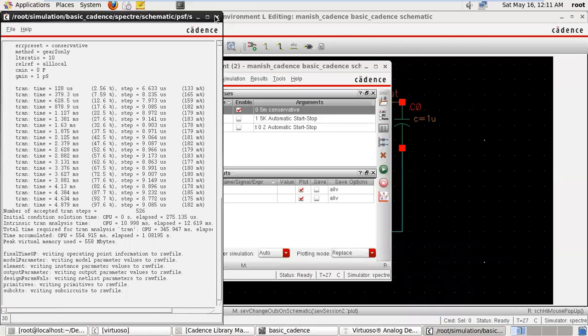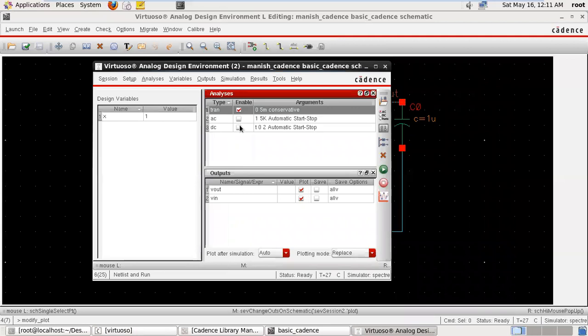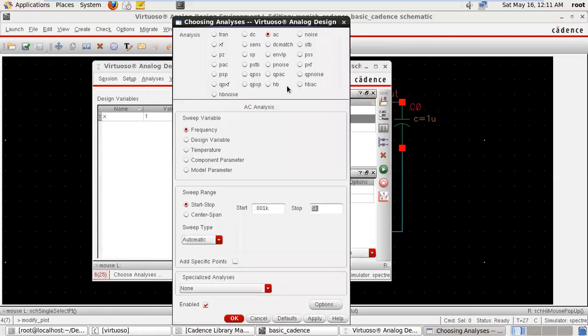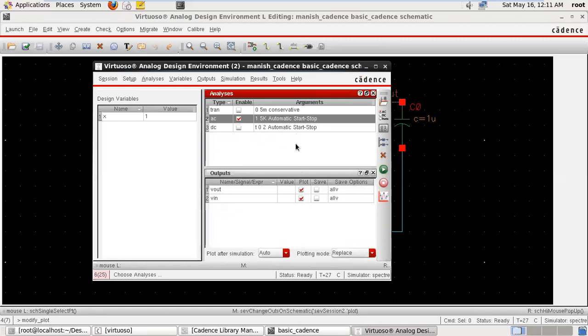Now second, just do the AC analysis. Suppose first we are doing the AC analysis. So just run the simulation. How can the AC analysis be done? So select the AC.